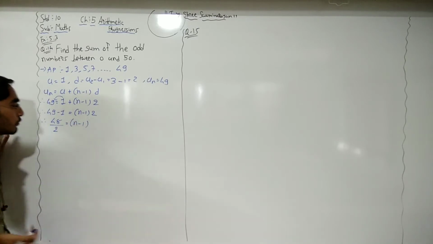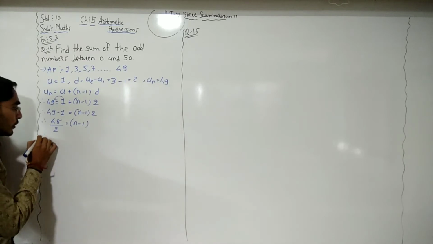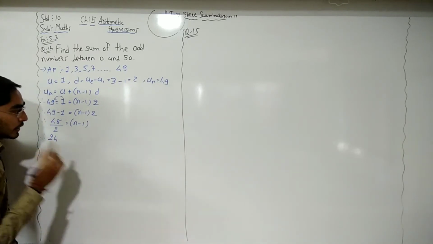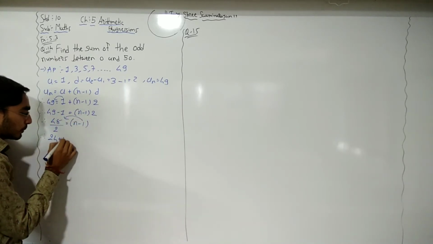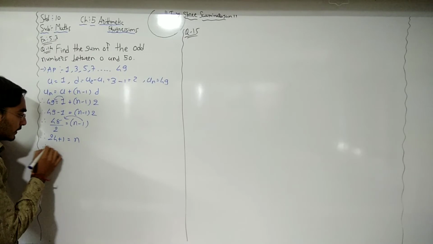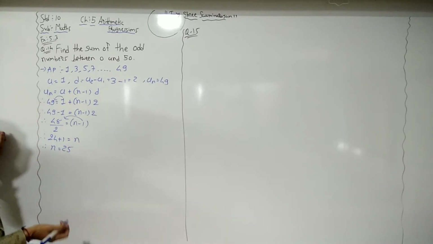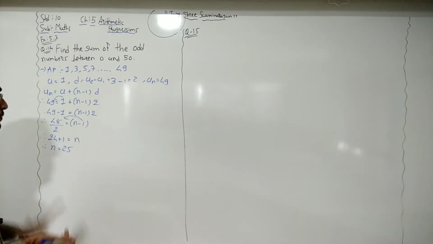So 48 by 2 is equal to n minus 1. 48 divided by 2 is 24. Then, to find n, transfer the minus 1 to the left-hand side, it becomes plus 1, equal to n. So n is equal to 24 plus 1, which is 25. So here we have a total of 25 terms.